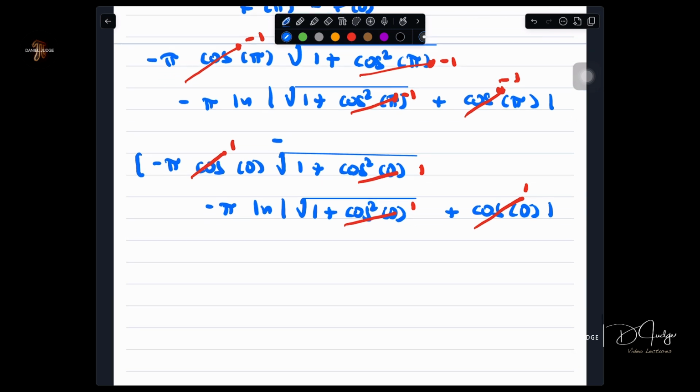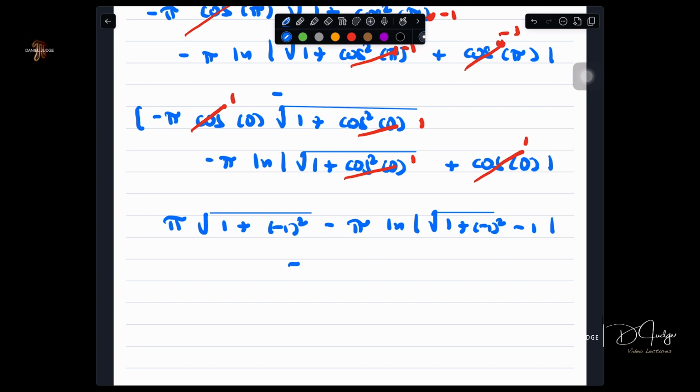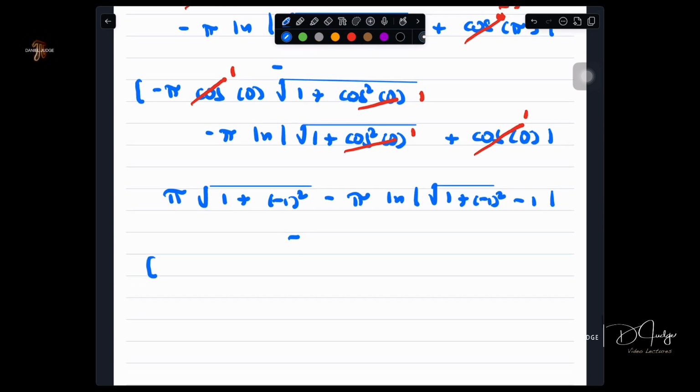Negative times a negative. This will be pi square root of 1 plus negative 1 squared minus pi natural log absolute value square root of 1 plus negative 1 squared minus 1 in absolute value, minus in parentheses.